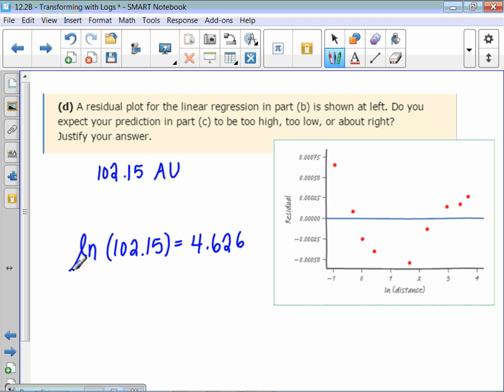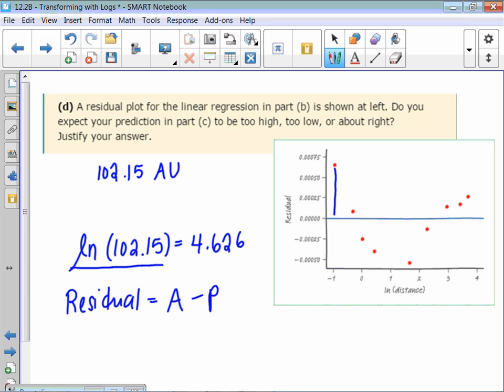So this was just when I plug in that distance away to the log. So remember that a residual, this is from a previous chapter, is equal to actual minus predicted. So each of these distances represents actual minus predicted.